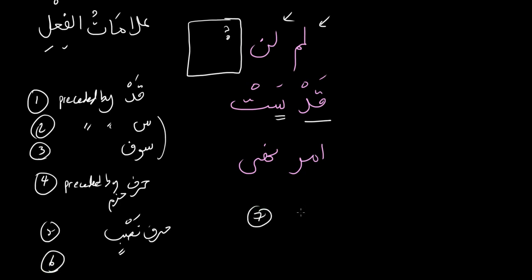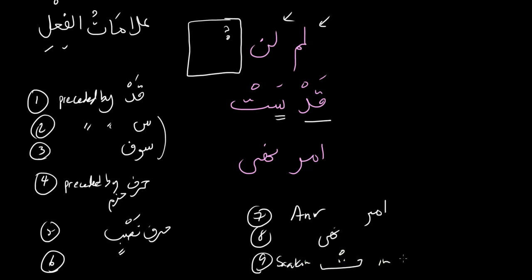And number seven is Fa'al Amr. And number eight is Fa'al Nahi, prohibited. I'll just write Amr and Nahi, prohibited. That's number eight. And finally, there is a sakin ta in the end of the word.